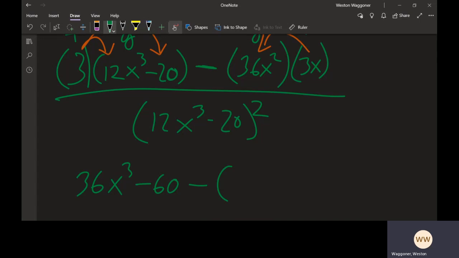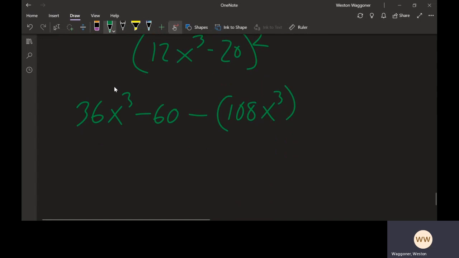So 3 times 36 is equal to 108. And since I have an x and an x being multiplied, I'm going to be left with an x cubed, or x to the third power. Sometimes we're going to interchange those terms.